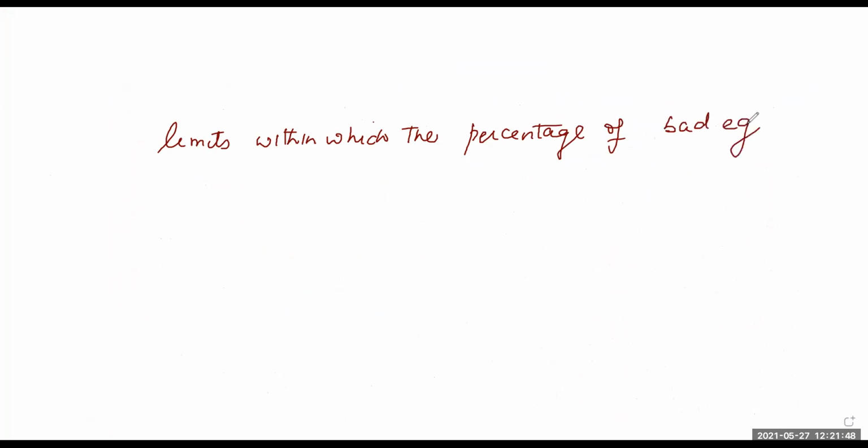What formula will you use? Limits within which the percentage of bad eggs lie. So what will you use here? Small p plus minus, here you are using 2.58 into standard error of p.